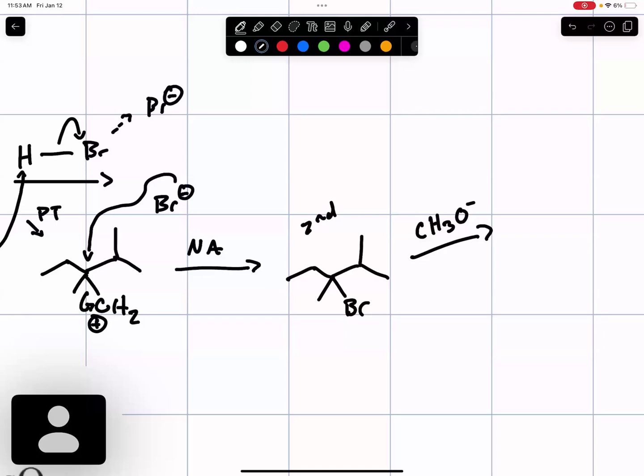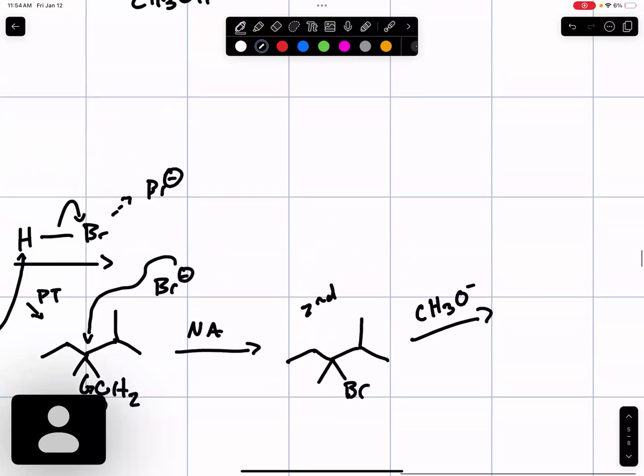And where would the Zaitsev alkene be? Would it be here? Here? Or here? The middle one? The first one you pointed at.